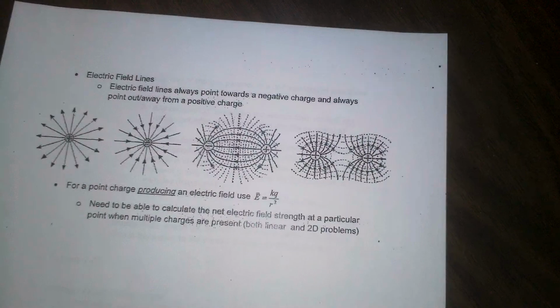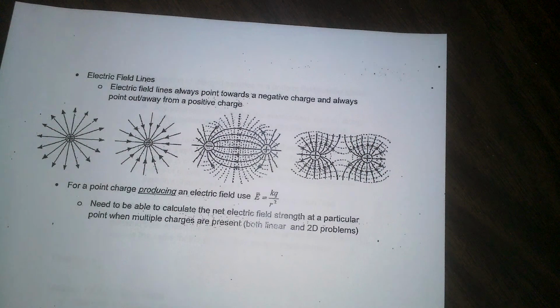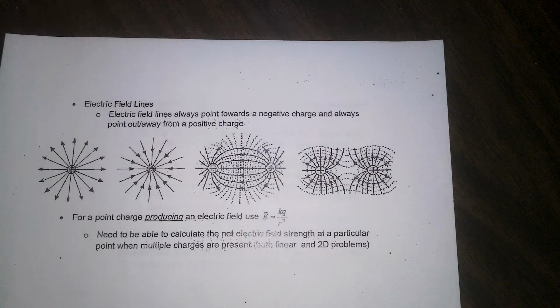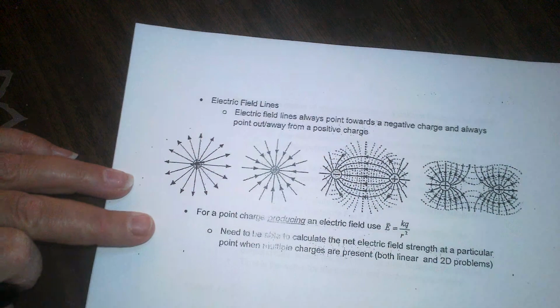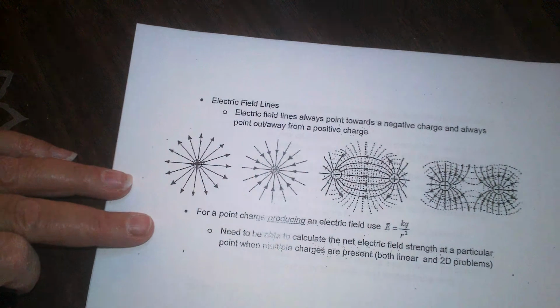Then we moved into the guts of it. Okay, we started looking at electric field lines. And this is where we need to pay attention. On a positively charged ion, the electric field strength moves outwards.